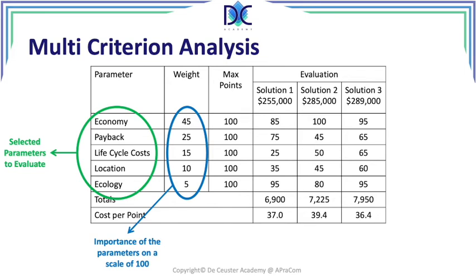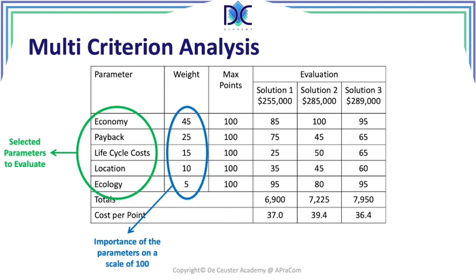We will multiply the number of points with the weight. Basically, we find the sum product for solution 1 when we do 85 times 45 plus 75 times 25 plus 25 times 15 plus 35 times 10 plus 95 times 5, divided by 100, and we find 6,900. What we do then is we divide the cost by the number of points, and we find the cost per point, which in solution 1 is 37.0.